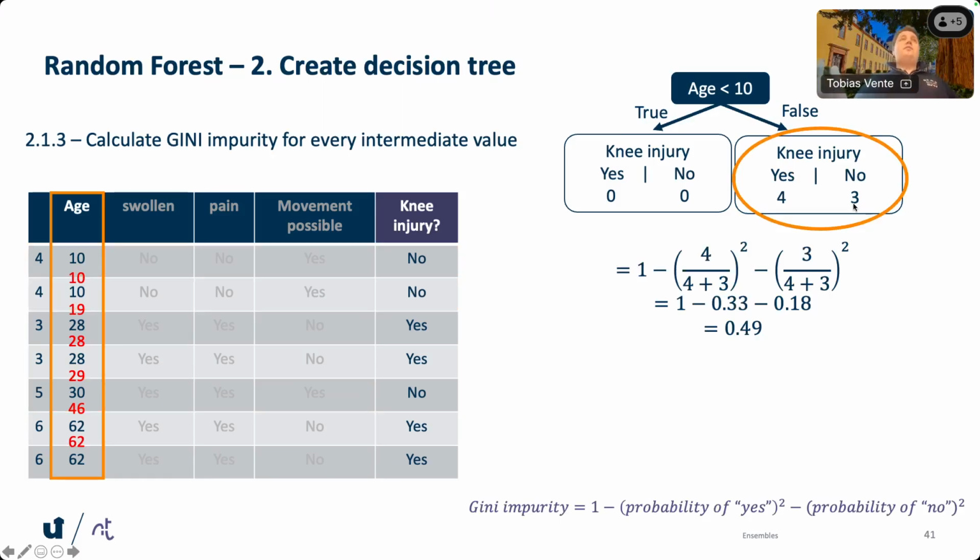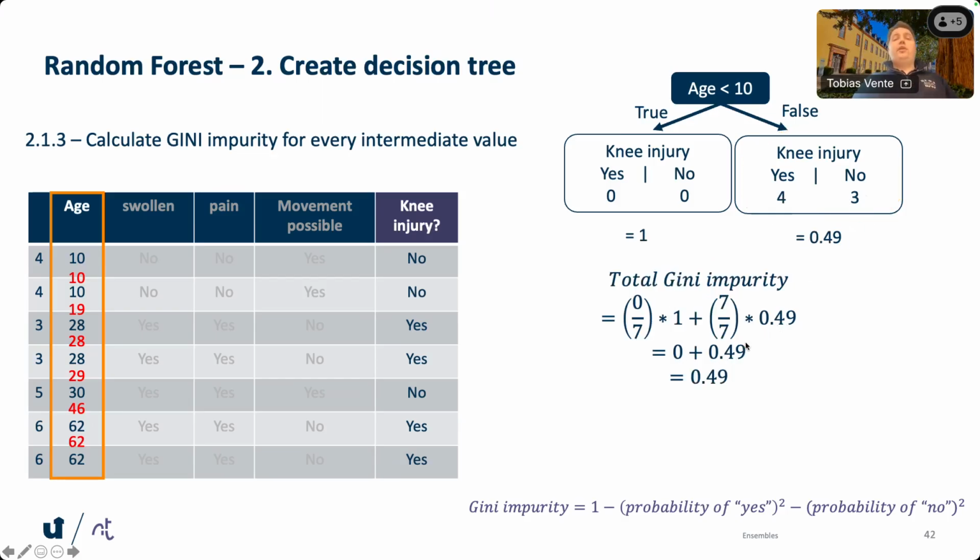So if we just paste in the numbers for this specific node, it's 1 minus 4 divided by 7, because overall this leaf node has 7 data points, squared, minus 3 divided by 7, because again, the leaf node includes 7 data points. And then you basically just type it into your calculator and you come out with a GINI impurity of 0.49.